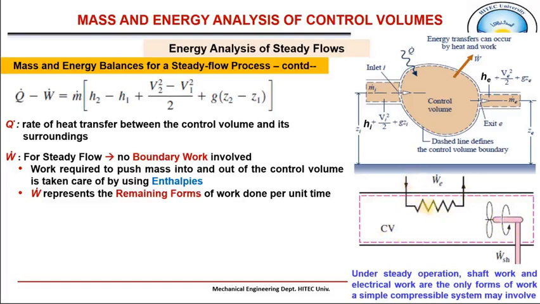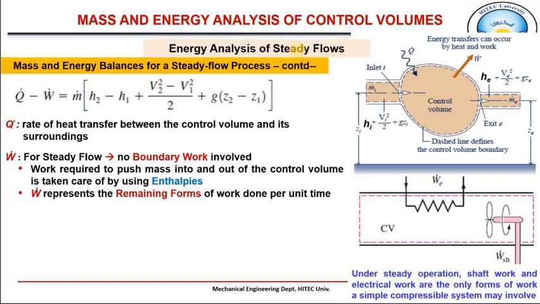Electrical energy is entering and transferring energy to this control volume. So in this steady flow system, it could either be a shaft work or an electrical work. It cannot be a boundary work. Boundary work means that at the boundary the thermodynamic properties would be changing, and that violates the definition of steady flow.